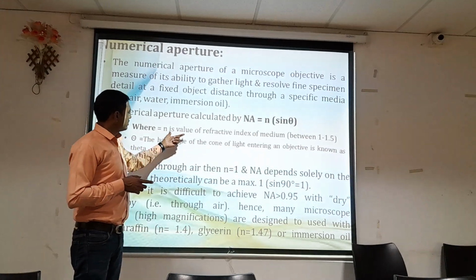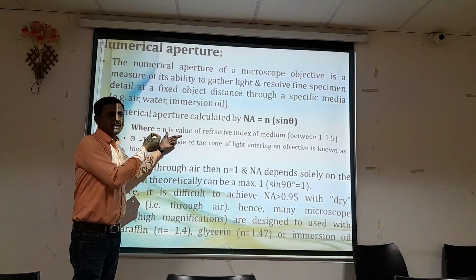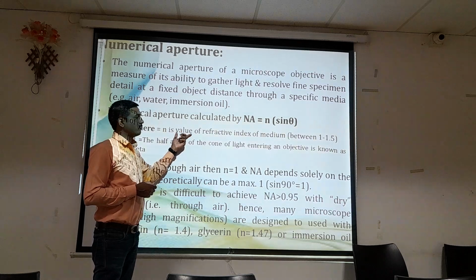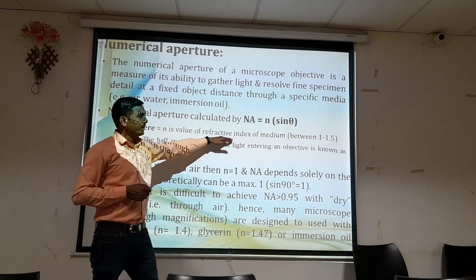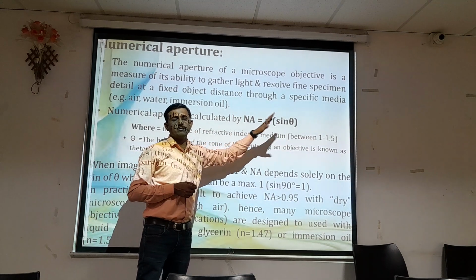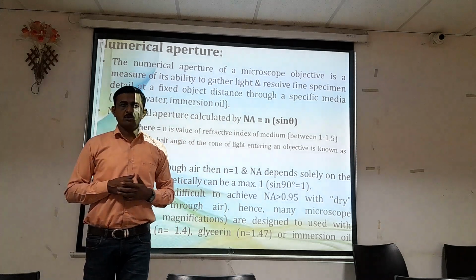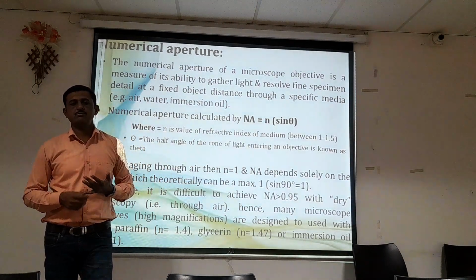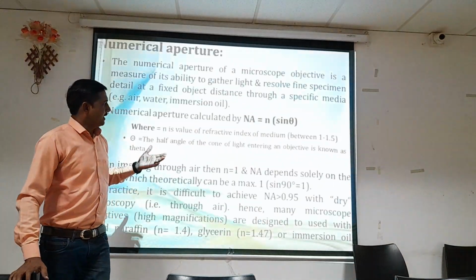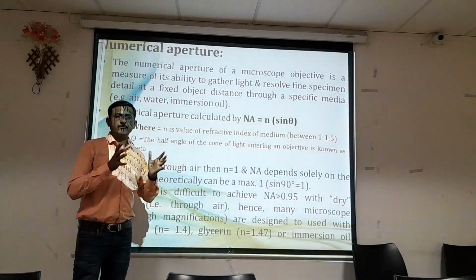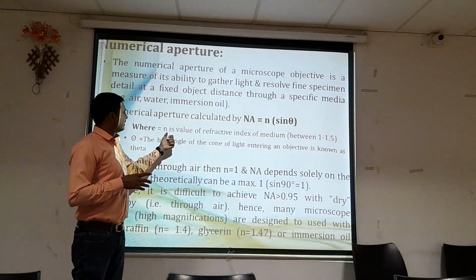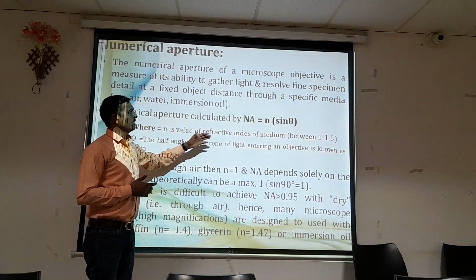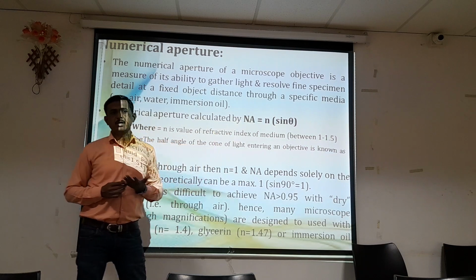So the n present in the numerical aperture formula is the refractive index of the medium, and it should be between 1 and 1.5. Depending on the refractive index of your medium, the n value changes, and as the n value is affected, the numerical aperture value is also affected.